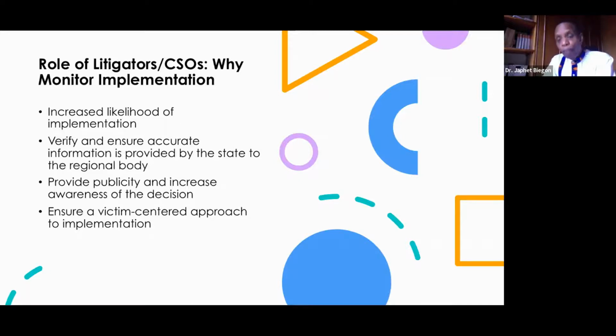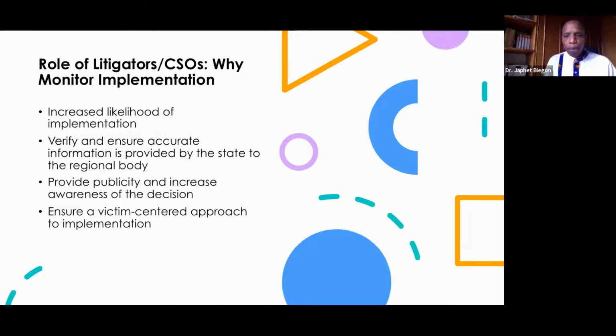But also, your role would include to verify and ensure accurate information is provided by the state to the regional body that is concerned. Because even in the new framework, it is envisaged that there might be a dispute as to the extent to which compliance or implementation has taken place, and whether the complainant has been satisfied by the actions of the state in terms of implementation.